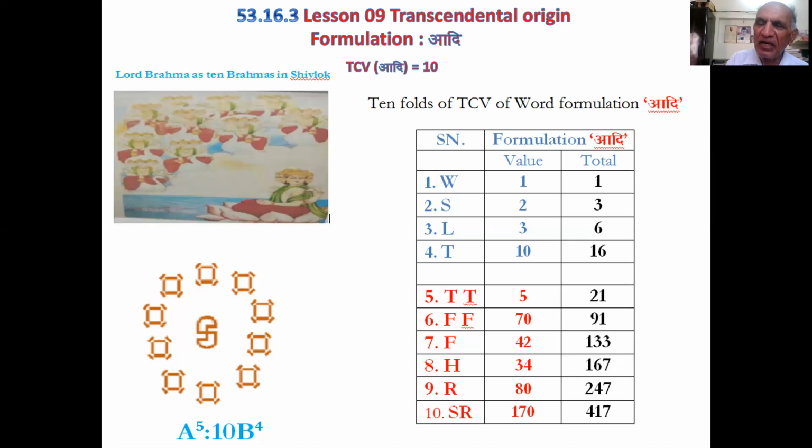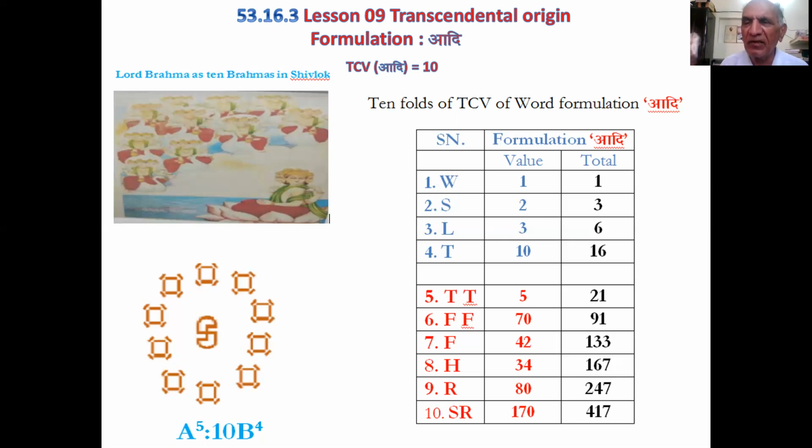So Devanagari Varnamala as the alphabet is to be formatted for the attainment of Nav Brahm hypercube 9, value 34. 383 plus 34 is 417.